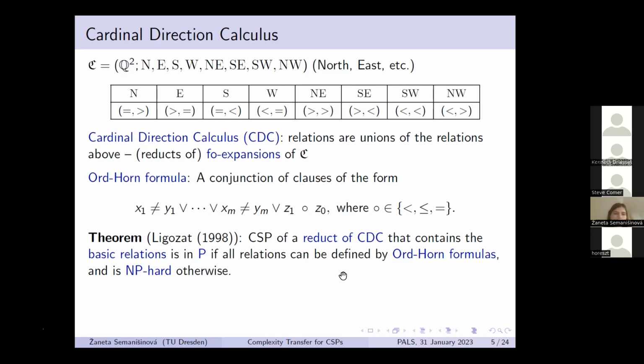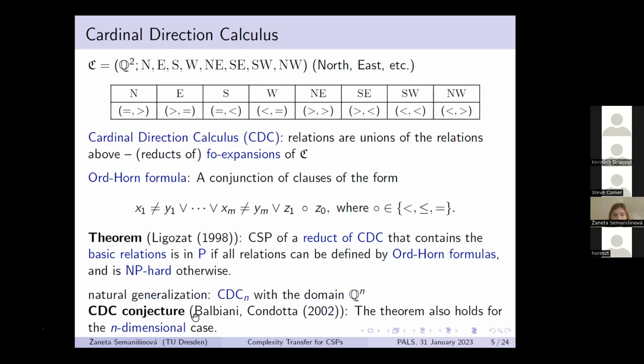So this was resolved for this two-dimensional concept. But of course, this is a concept that one could easily generalize to n dimensions and talk about n-dimensional cardinal direction calculus. And from 2002, there was a conjecture by Balbiani and Condotta that the theorem also holds for the n-dimensional case.